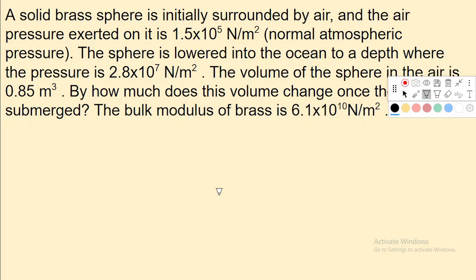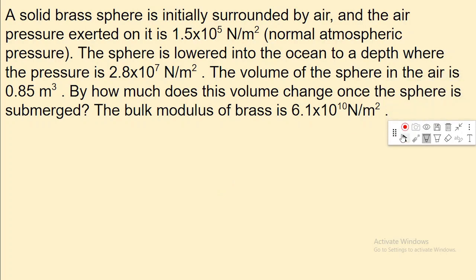The sphere is lowered into the ocean to a depth where the pressure is 2.8 into 10 raised to 7 Newton per meter square. The volume of the sphere in the air is 0.85 meter cube. By how much does this volume change once the sphere is submerged? The bulk modulus of the brass is 6.1 into 10 raised to 10 Newton per meter square.